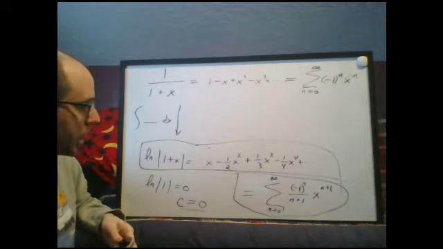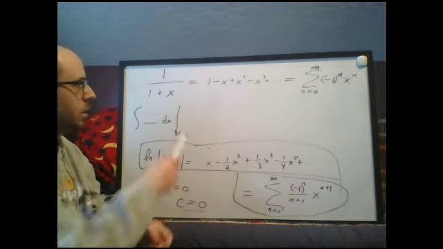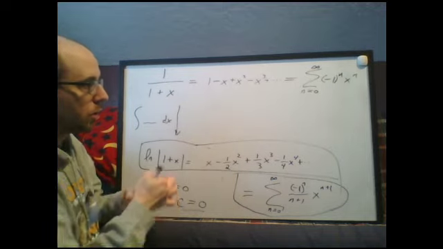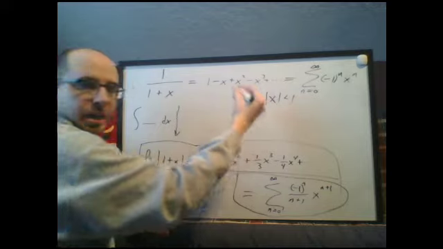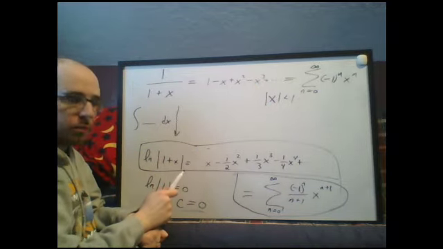And its radius of convergence, since I didn't do anything too drastic to my original power series, is still convergent when the absolute value of x is less than 1. So when I integrate one that has a radius of 1, the new power series will also have a radius of 1.